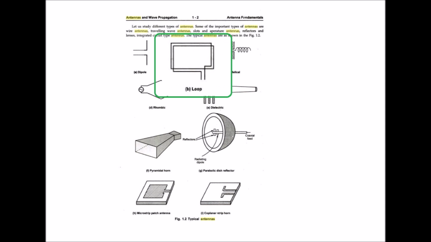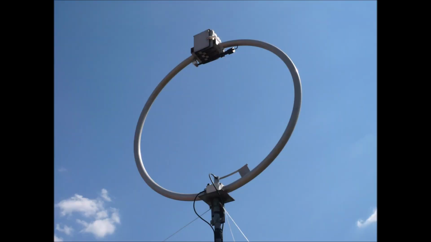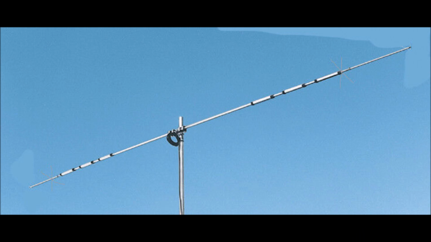The loop antenna, as shown in figure 1.2b, consists of a single turn or many turns of wire forming a loop. It is generally excited by a generator directly. The field produced by a loop antenna is very much similar to that produced by a small dipole.